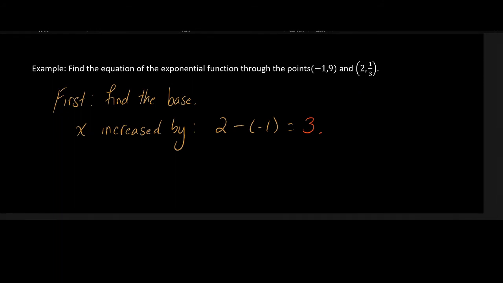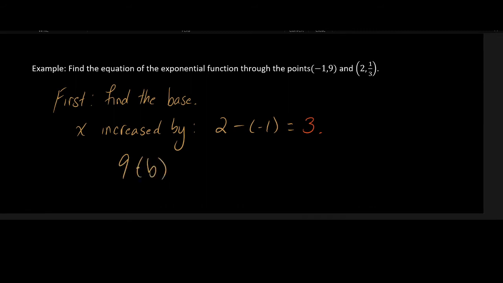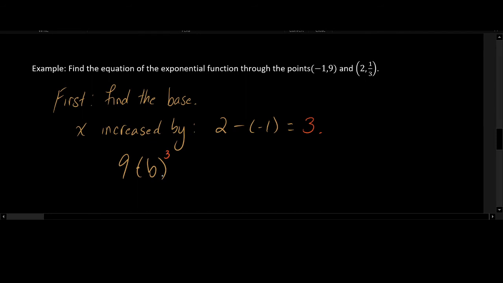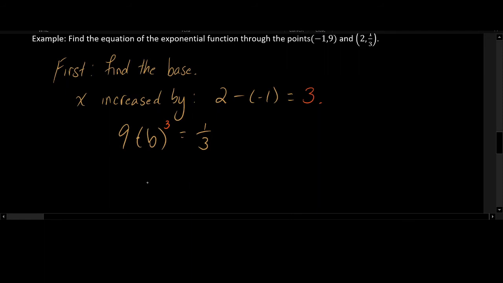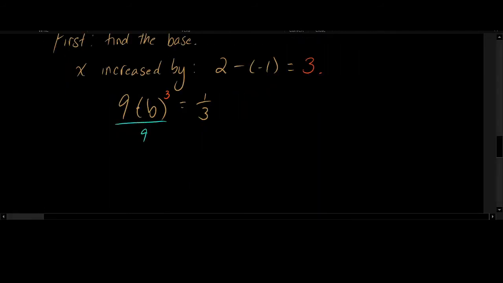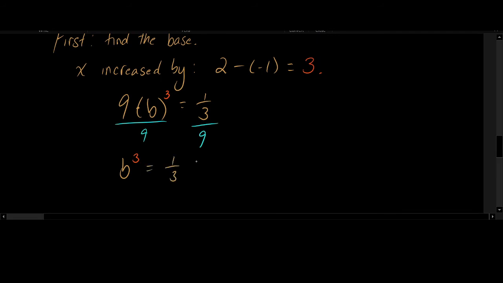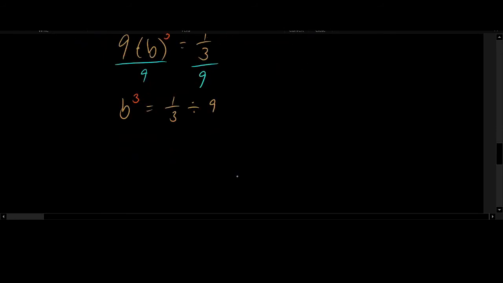So now I'm going to take our first y, 9, multiply it by the base 3 times, and that is equal to the final y of 1/3. So now let's divide both sides by 9. You may find it a little bit easier to rewrite the right-hand side as 1/3 divided by 9 with the division symbol here.